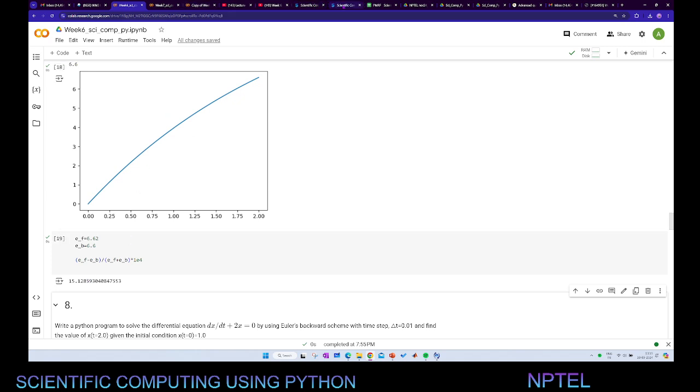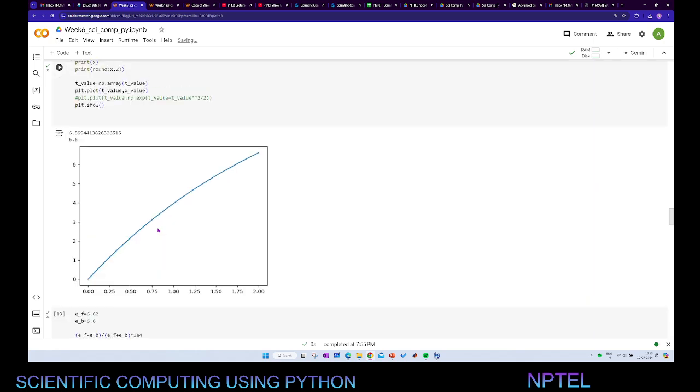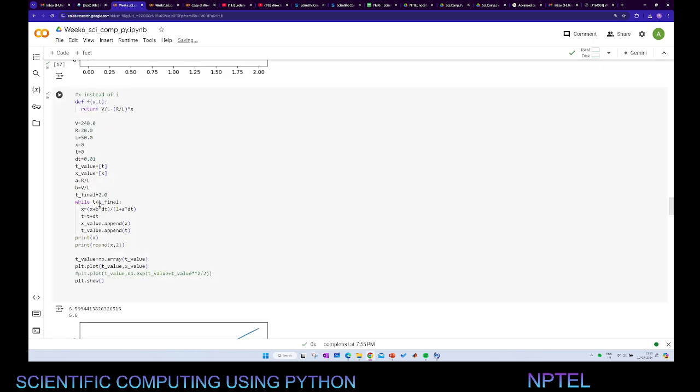Is it one of the options? Yeah, 15.12. So initially for the forward, you got the answer 11.99. That is also a wrong one, because the final time I put as 20 instead of 2.